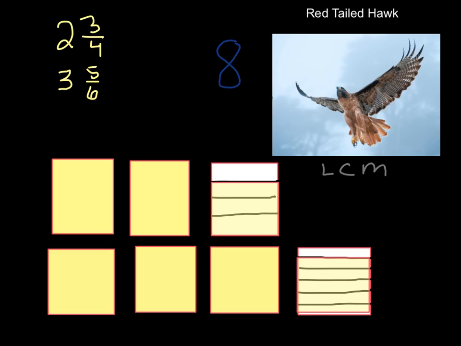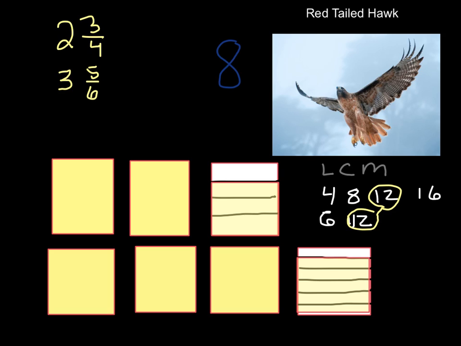I'm going to count by 4s: 4, 8, 12, 16, and then I'll count by 6s: 6 and 12, and bingo, I've got my least common multiple because both of these are 12, right? I just covered up the 1 there, so let me fix that a little bit better for you. So that's 12 right there.